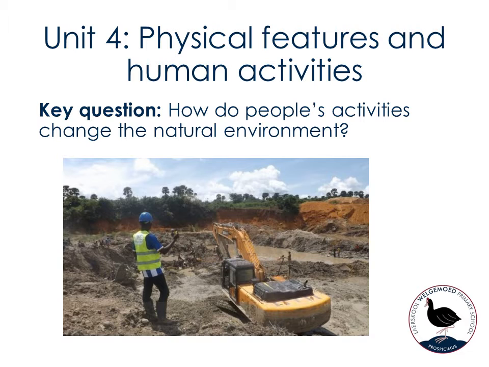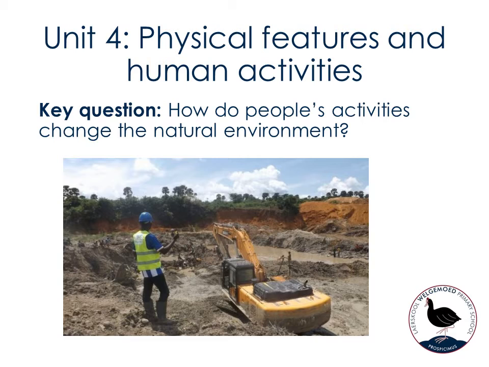We're going to start today with Unit 4, the physical features and human activities. Now, our module for this term focuses on the physical features of South Africa. And in the past few weeks, we looked at a lot of physical features. Now today, we're going to look at how human activities have an influence on this.